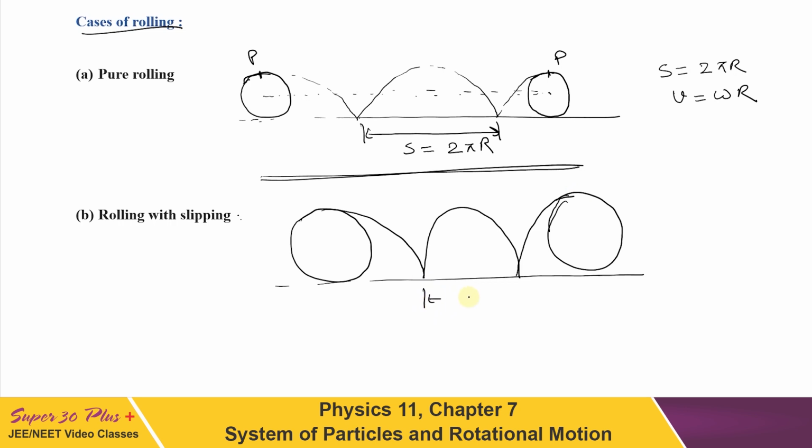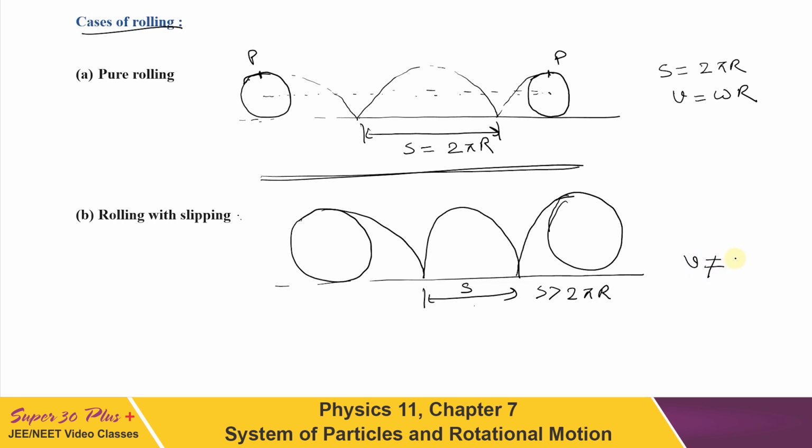Now this S, earlier it was equal to 2 pi r. What if this is greater than 2 pi r? Then we cannot write v to be equal to omega r, because velocity of center of mass, if it is omega r, in one rotation it has to move distance 2 pi r only. This time it is more than 2 pi r.